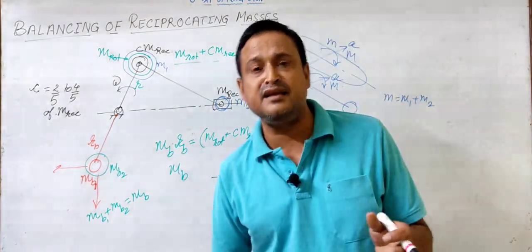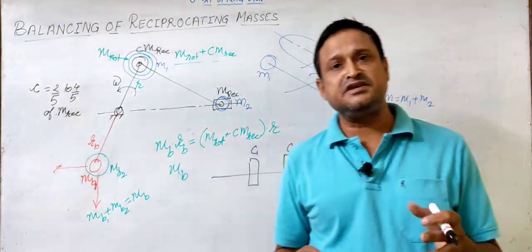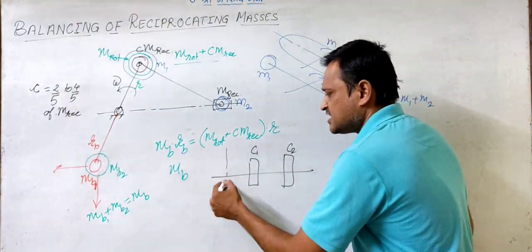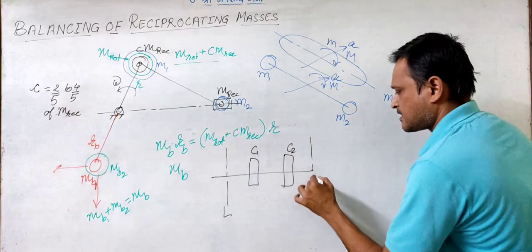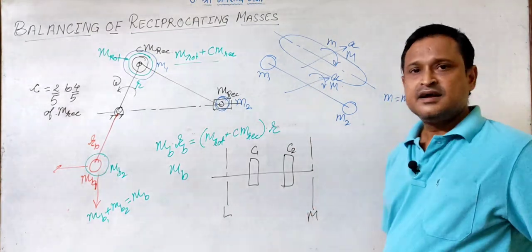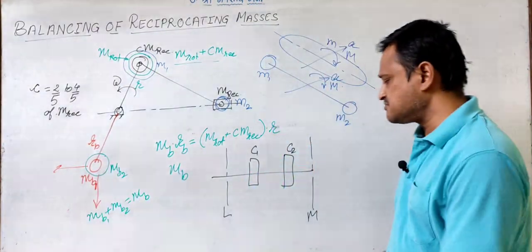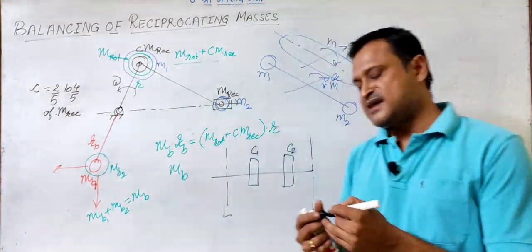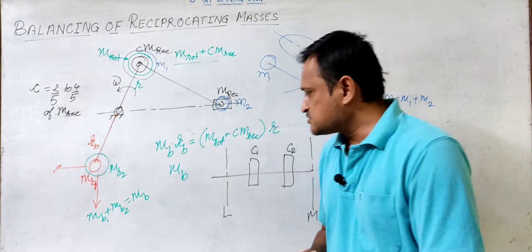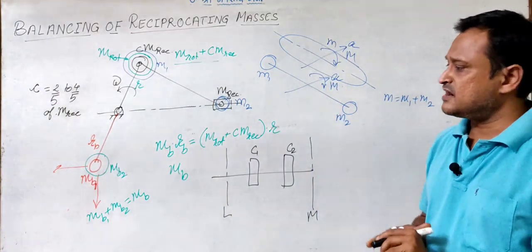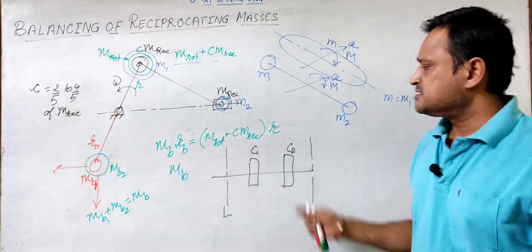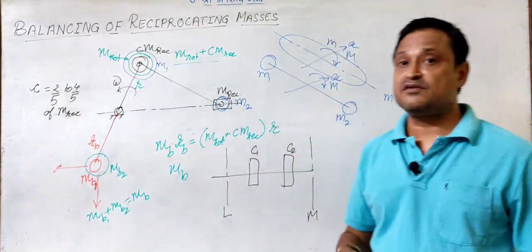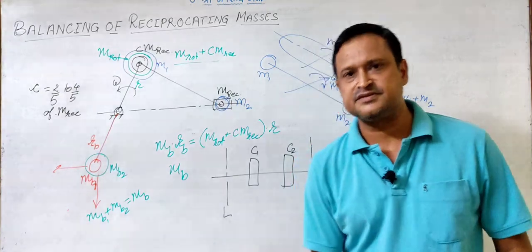Again we have seen that while balancing a completely rotating system, we can select any plane, right, and we can find out the balancing mass and place them on those respective planes and balance the entire system. So the best way of understanding the balancing of this system will be with the help of locomotives, right?